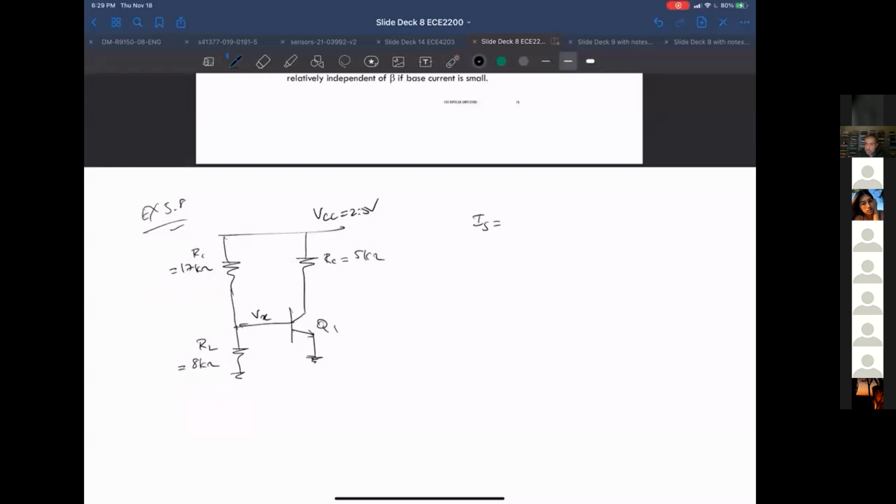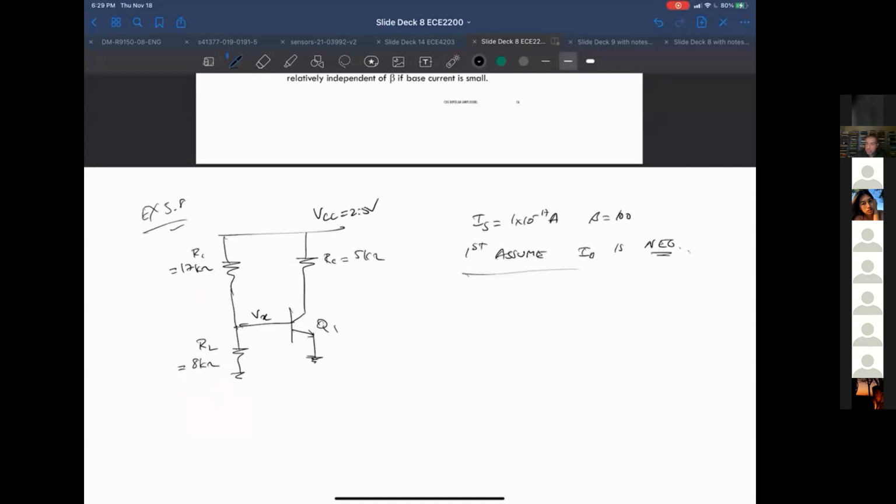Again, I sub S is 1 times 10 to the minus 17 amps, and beta is equal to 100. Okay, so I'm going to first assume that I sub B is negligible, and solve this. Then I'm going to come back and double check that that was a good assumption.